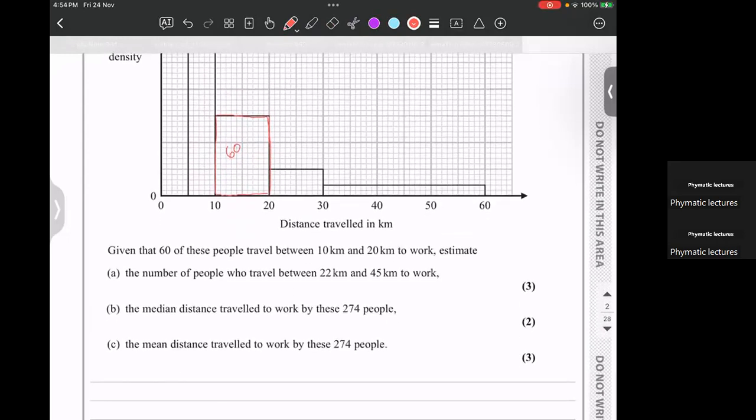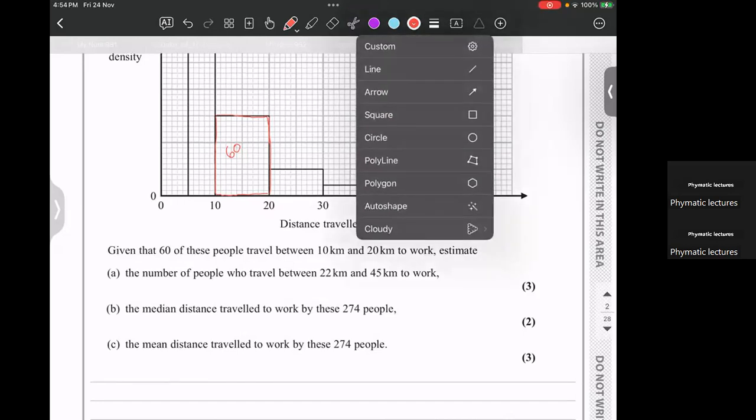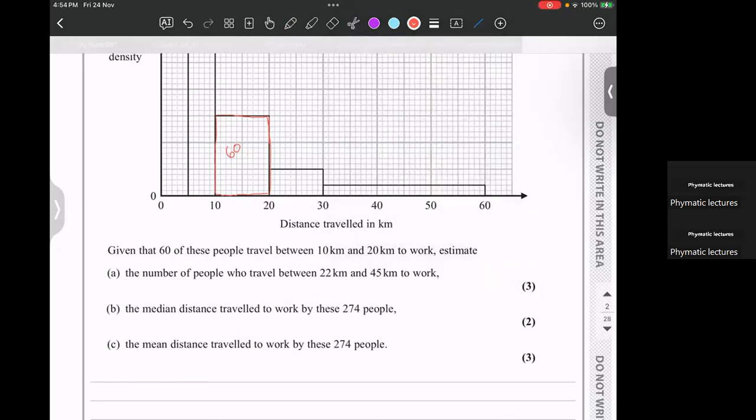So if this is the case, they're asking us to find the number of people who travel between 22 to 45. So 22 to 45 means we need to find the area from 22 to 45. Correct?